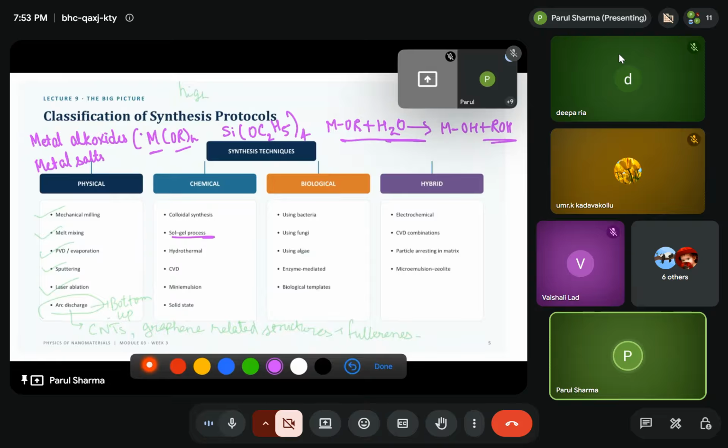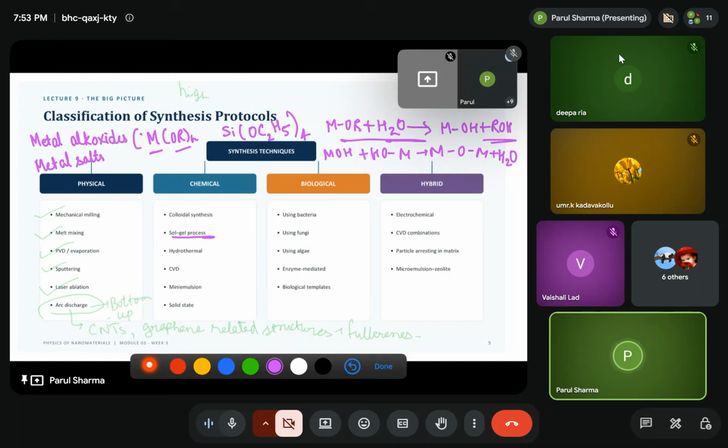The second step is condensation. After hydrolysis, the hydroxyl-containing part will condense. So M-OH will give us M-O-M plus H2O.